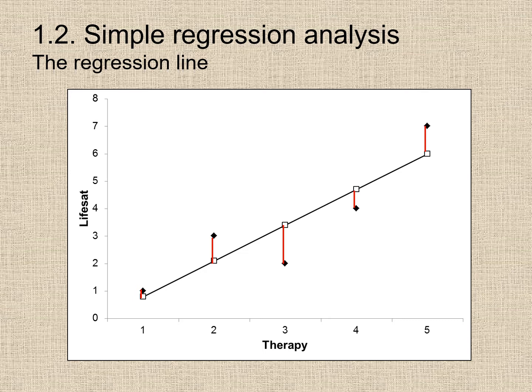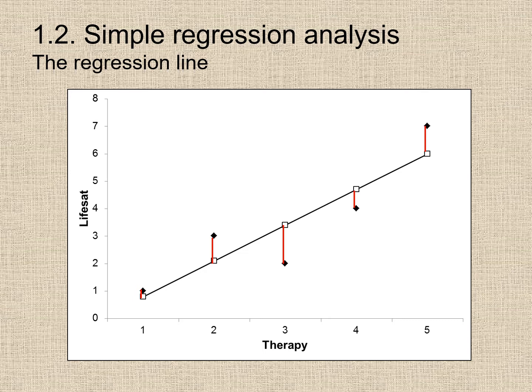But now we see, for this person, for instance, he or she is predicted to have this level of life satisfaction, but actually he or she has that level. So we make a false prediction here. Our prediction misses the actual value. So we have a difference here between observed value on the dependent variable and predicted value on the dependent variable.